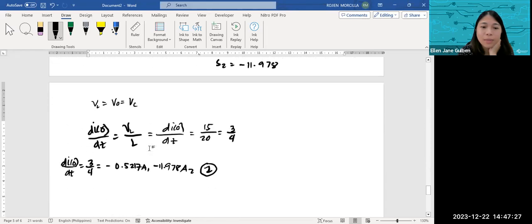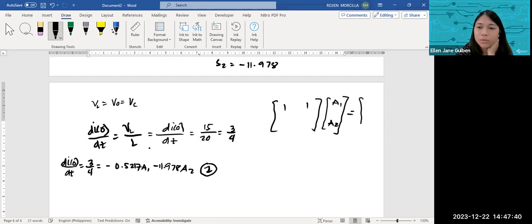Resolving these two, let's have 1, 1 for A1, A2, equal to 0, and we have here negative 0.5217, negative 11.978, equal to 3/4.